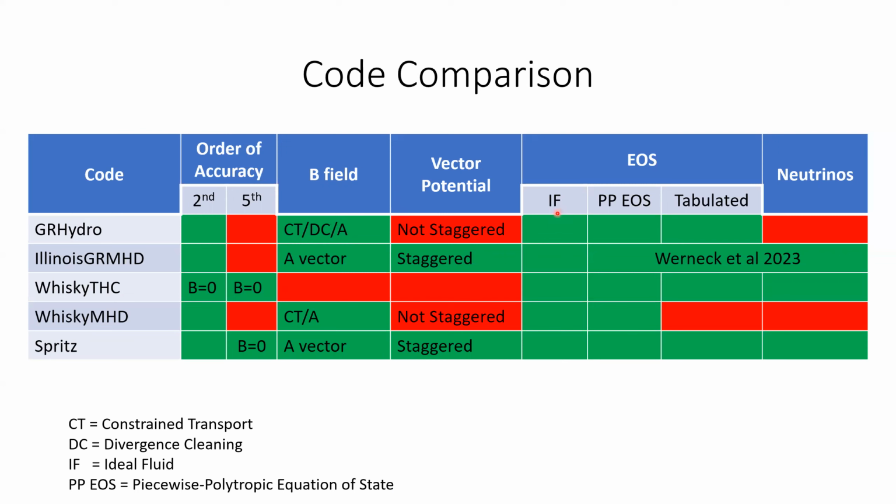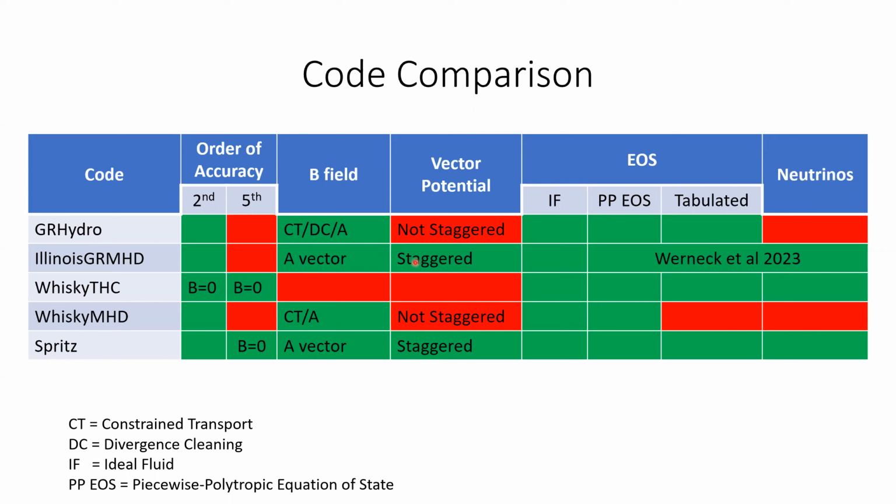GRHydro fully supports ideal fluid equation of state, piecewise polytropic equation of state, as well as tabulated equation of state. The version inside the Einstein Toolkit doesn't include support for neutrinos, but this can be easily added. Then there is another code which is now part of the Einstein Toolkit, IllinoisGRMHD. This also includes the evolution of the magnetic field via the vector potential formulation, and the vector potential is staggered.